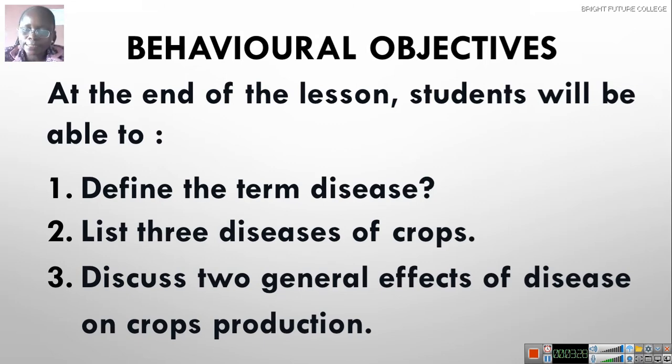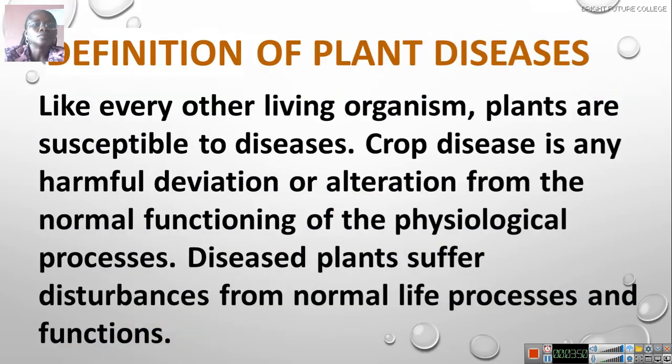For today's lesson, we are on diseases of crops. First of all, what do you understand by the term disease? Disease, we know, is any deviation from the normal state of health of that organism or crops. Like every other living organism, plants are susceptible to diseases.